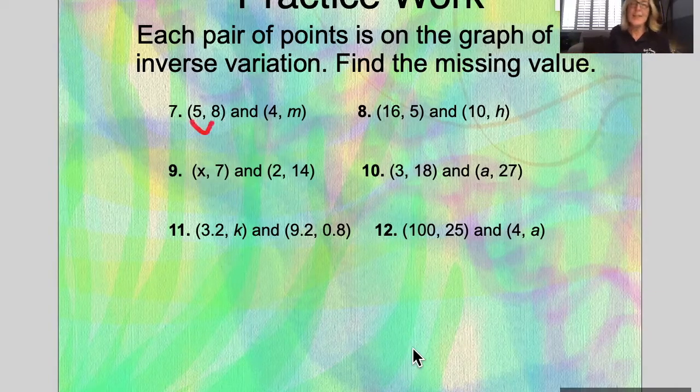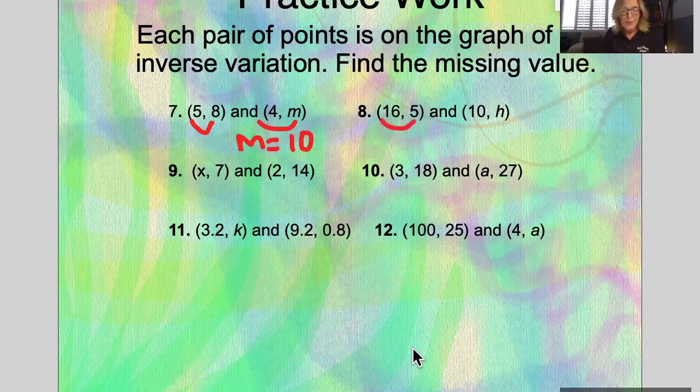So in this case, x times y is 40. That means this has to also be 40. So m is equal to 10. Same thing here, 16 times 5 is 80. That means this product also needs to be 80, so h would have to be equal to 8, and so on.